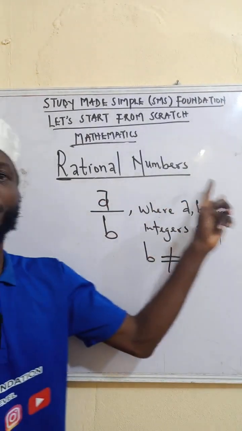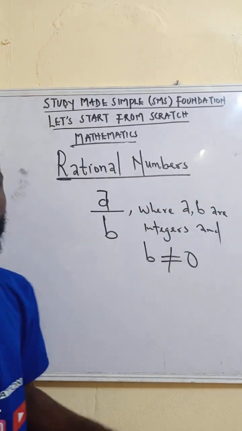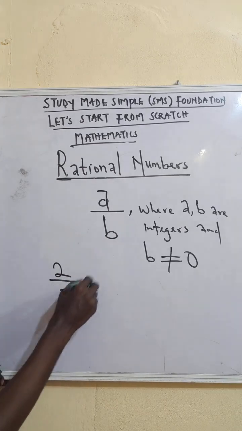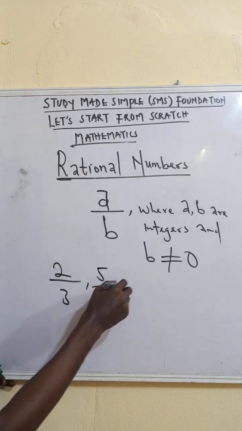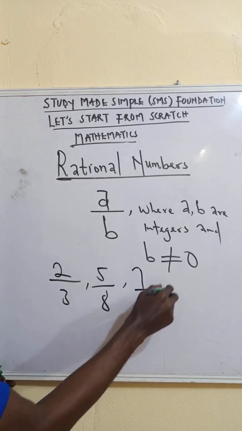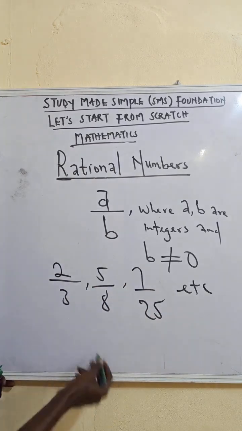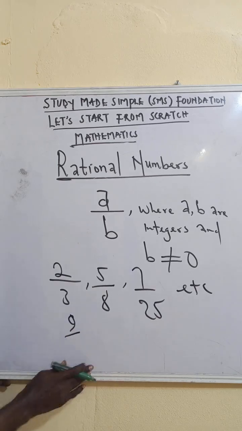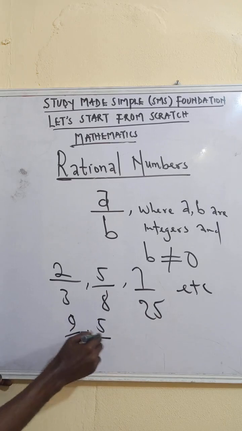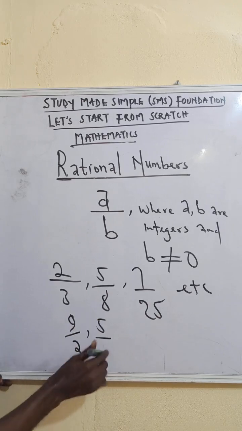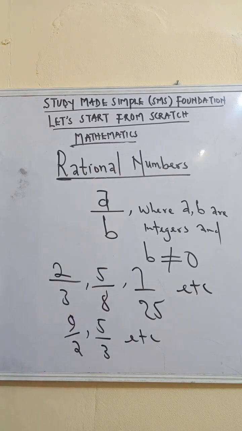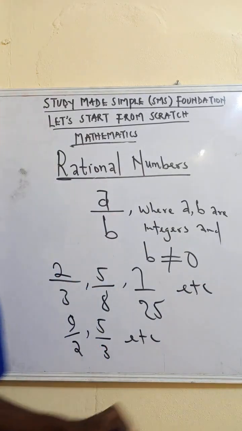So that's what rational number is. So we can have several examples like 2 over 3, 5 over 8, 7 over 25, and so on. We can even have bigger number on top like 9 over 3, 9 over 2, 5 over 3, and so on. So all of these are rational numbers.